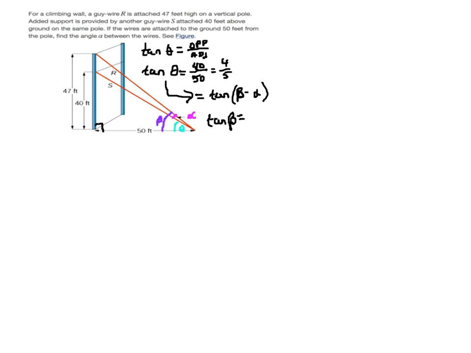The tangent of beta is equal to opposite over adjacent, so that's 47/50. All right, here we go. Let me give myself some room to work here, just in case I need that top part too. So we've got the tangent of beta, and we have the tangent of beta minus alpha, which is theta.